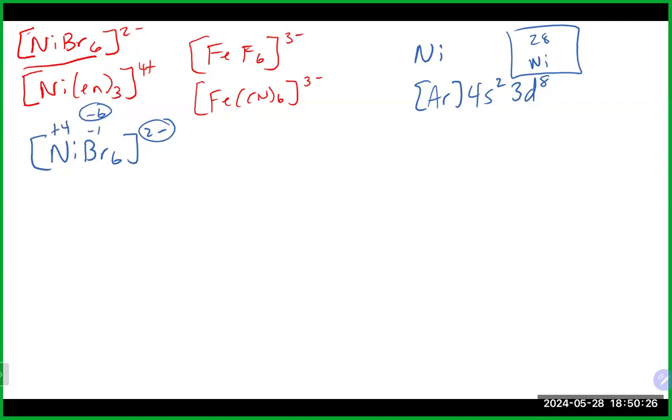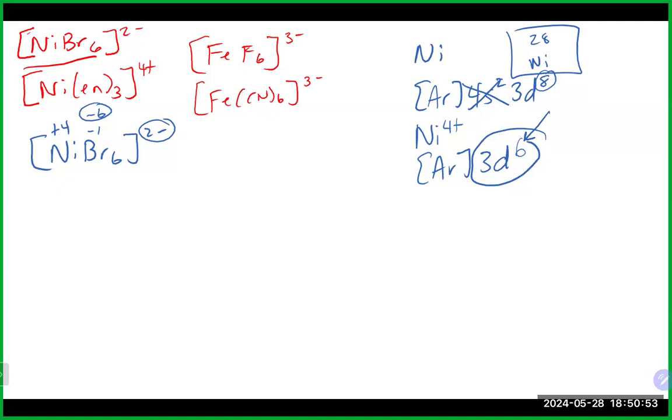That means in this particular case, our nickel has a +4 charge. For the electron configuration of nickel with a +4 charge, remember that transition metals will always lose the s electrons first, then they will lose out of the d, which means nickel will have argon 3d6. It is these 6 electrons that need to be distributed into your crystal field splitting.